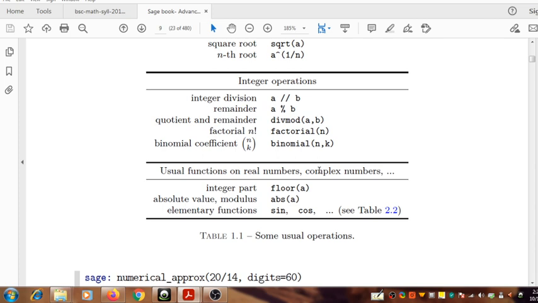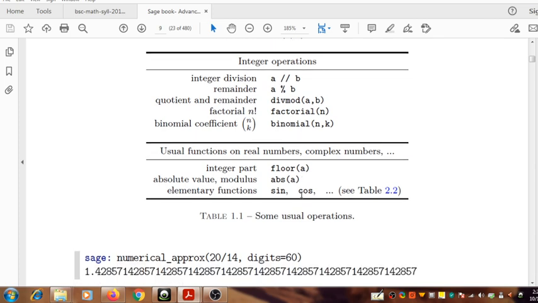It gives us the integer part of the real number given to it. That is floor of A. And if you want the absolute value or modulus of a number, you have to use abs of A, with A given in brackets.